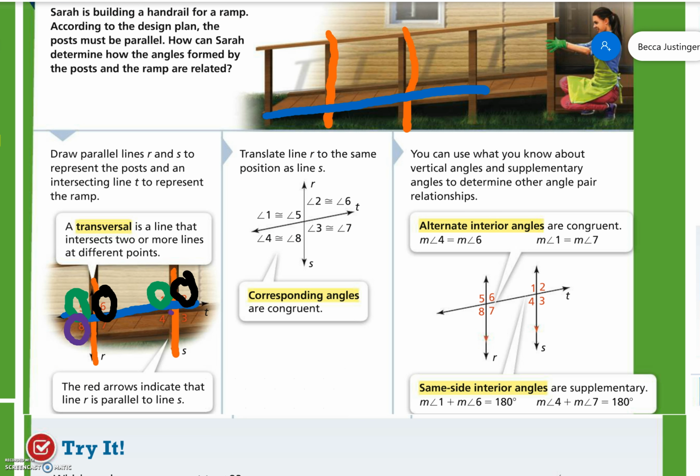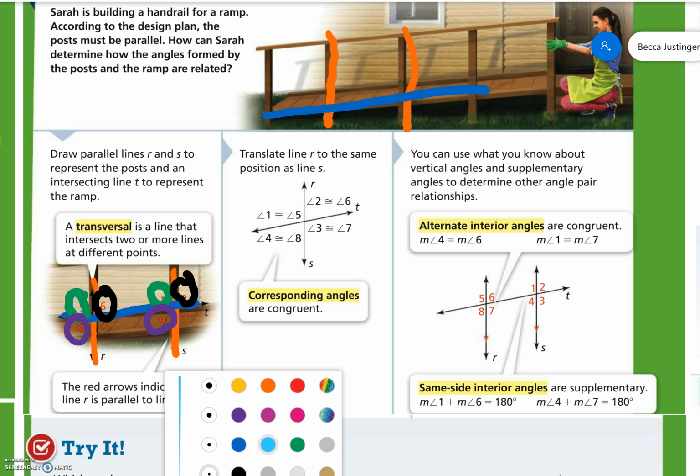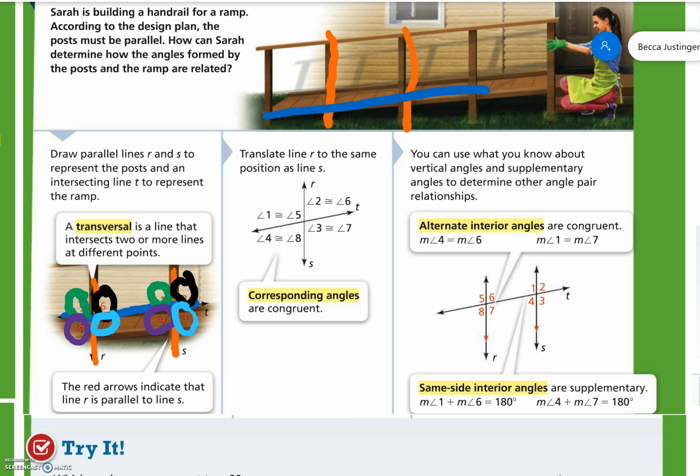Angle 8 matches up with 4. And angle 7 matches up with 3. Those are called corresponding angles, and corresponding angles are congruent. You can use what you know about vertical angles and supplementary angles to determine the angle pair relationships.